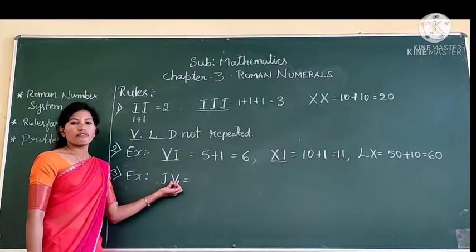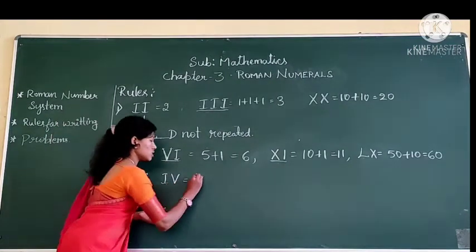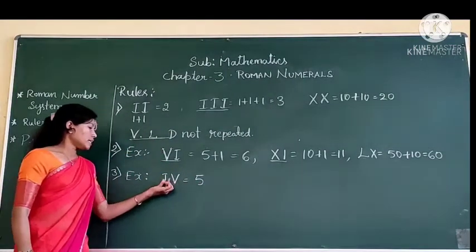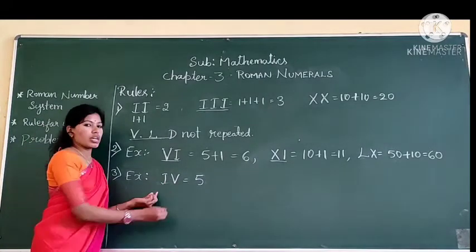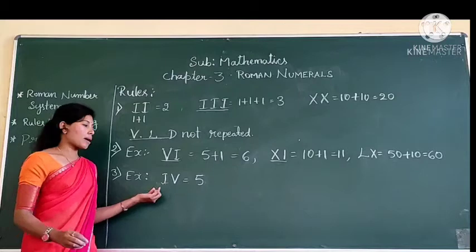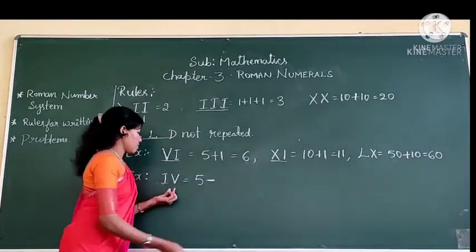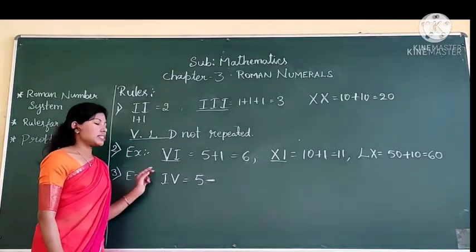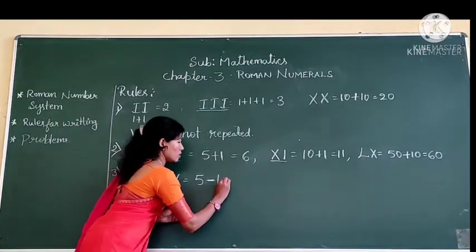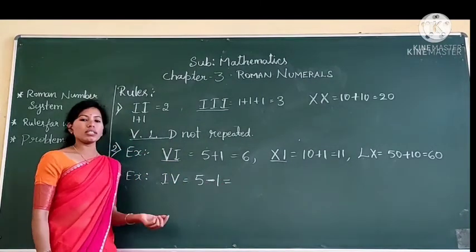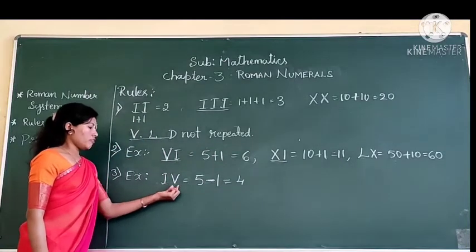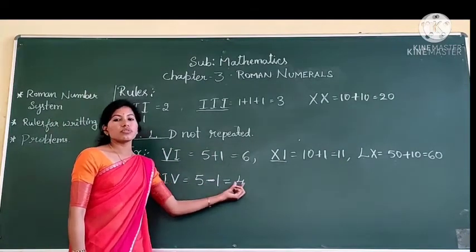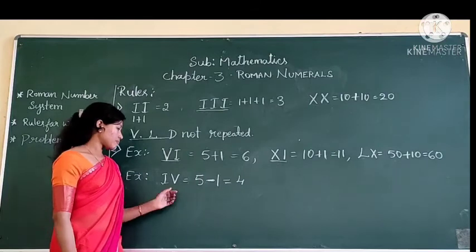So, this V is 5, the bigger number, and this I is placed before it. So, we have to subtract. V minus I value is 1. So, 5 minus 1, we get 4. So, IV is equal to 4.